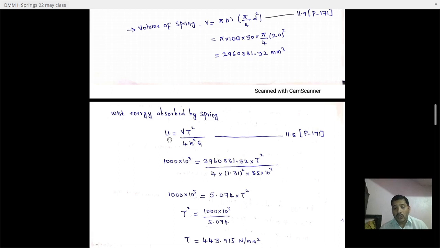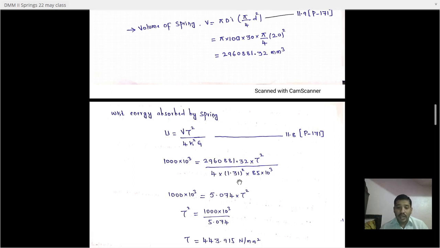Here U, the energy stored, is already given: 1000 into 10 power 3 equal to V, which we got as 2960881.32, into tau square by 4 into the Wahl's factor 1.31 whole square, into the modulus of rigidity of the material, given as 85 into 10 power 3.